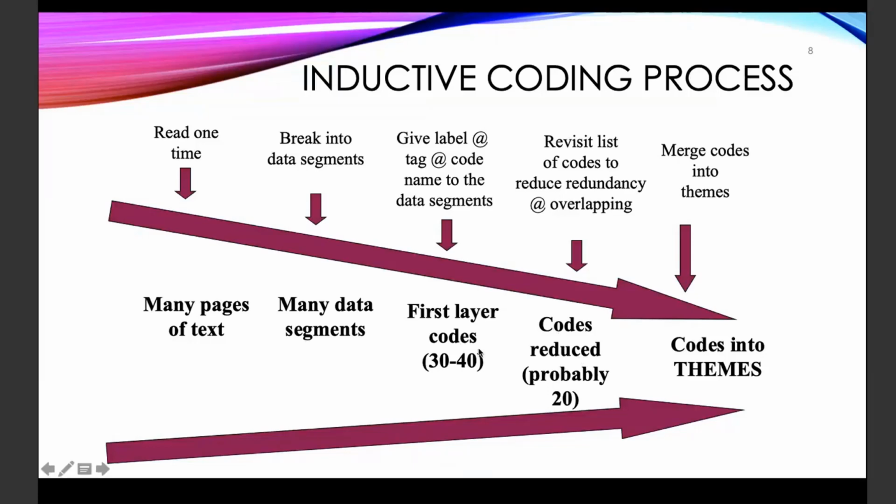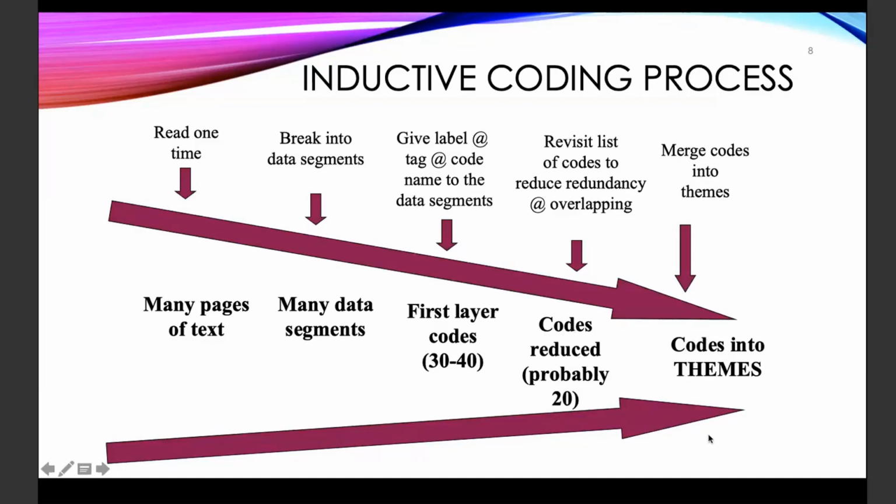That makes the first layer codes many. You will end up with so many codes only to realize some of them are redundant or overlap. That's why you reduce them, and then you merge the codes into themes, the specific themes that we find.